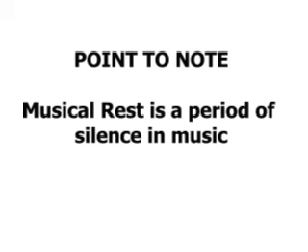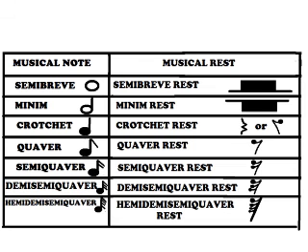So the way it is written, the musical rest has a symbol for its equivalent musical notes. So if I have a semibreve note, I have a semibreve rest. If I have a minim note, I'll have a minim rest. If I have a crotchet note, I will have a crotchet rest. They will have the same duration.